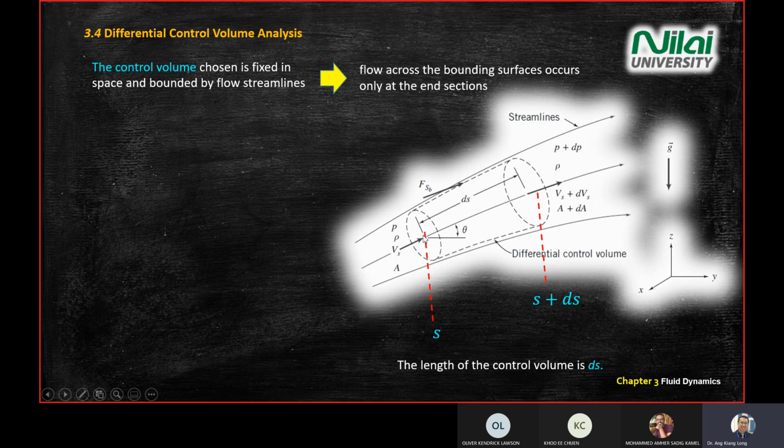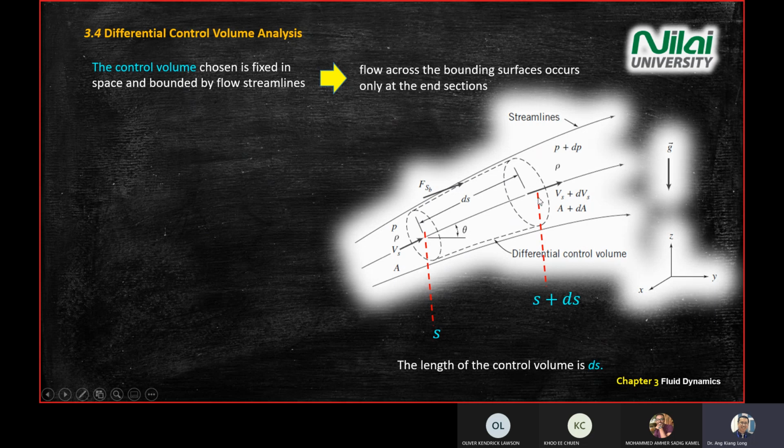Okay, so to start the derivation, we have to know the location of our reference point. The first point that we look at here, I label for you with the red dashed line. I label it as S. So S is our starting point. And after a certain distance, at location number 2, we have S plus ds.